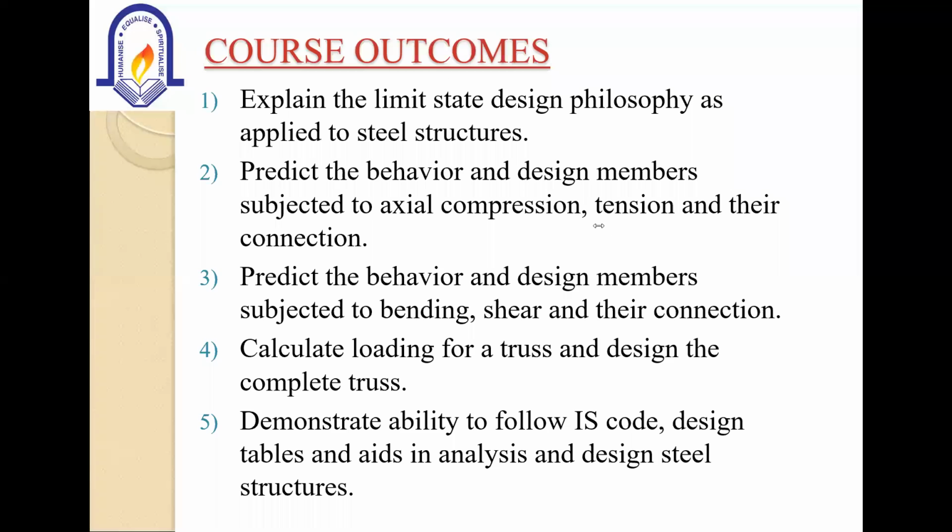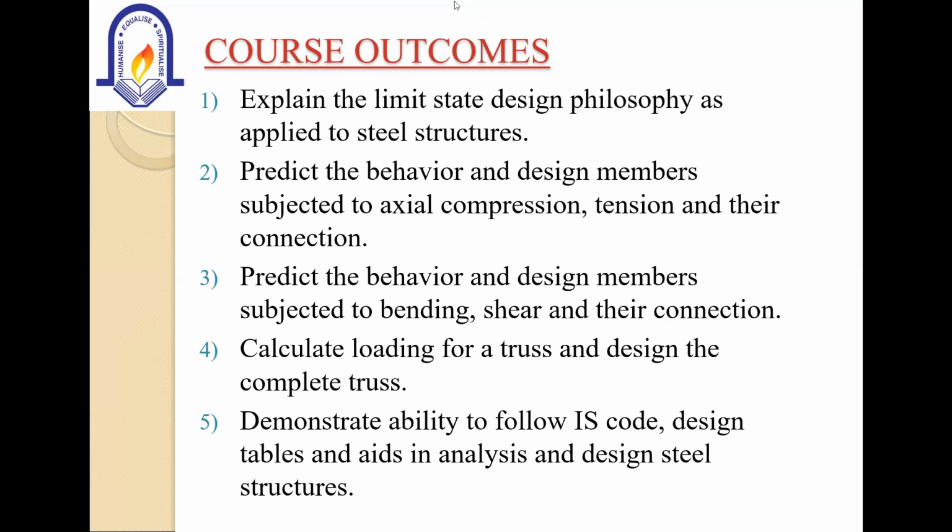Now proceeding further, course outcome. So course outcome is nothing but after studying the subject, what you have understood, what you should know after studying the subject. So the first is to explain the limit state design philosophy as applied to the steel structure. You should know what the limit state design philosophy is, means what are the different clauses that you will use when you are going to design the steel structure, and what are the different design philosophies that are included for the steel structure.